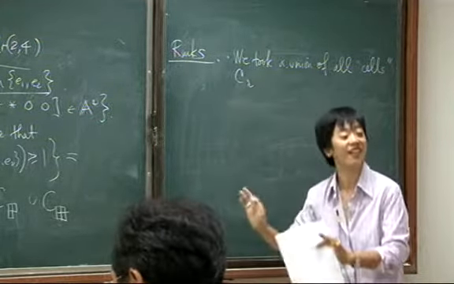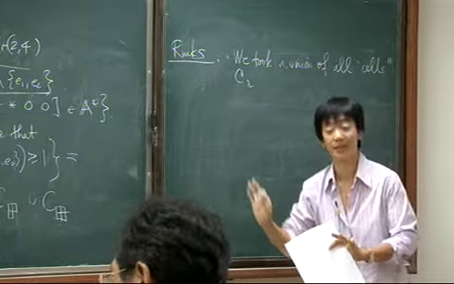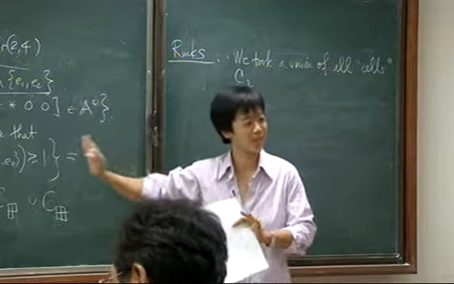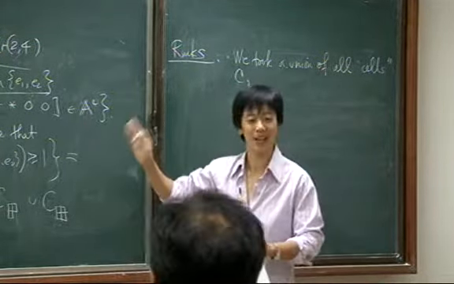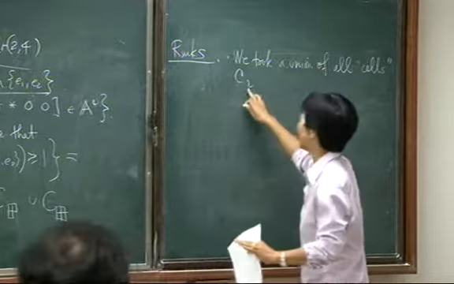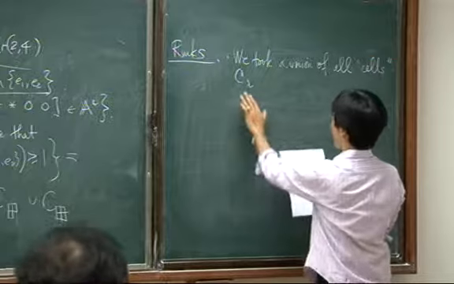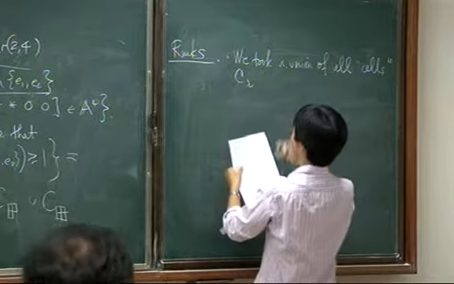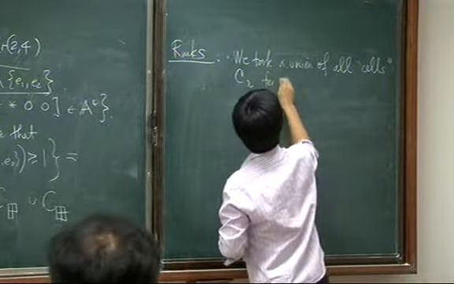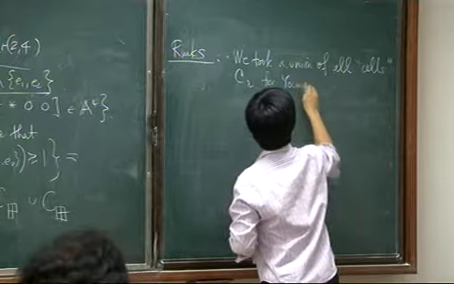So lambda is a generic notation for a Young diagram. Please remember it's supposed to correspond to a partition. So I will just denote that generic Young diagram C lambda.